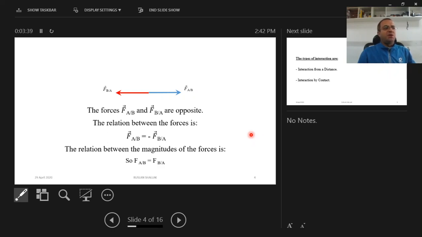For example, one towards the positive, the other towards the negative. This is why we say they are opposite. So we say vector Fa on B equal to minus vector Fb on A. This is the meaning that these two forces have the same line of action, the same magnitude, but opposite direction.